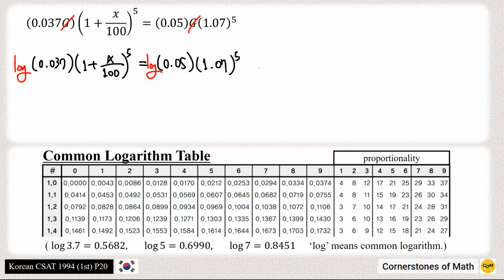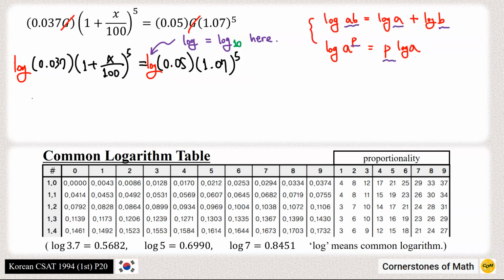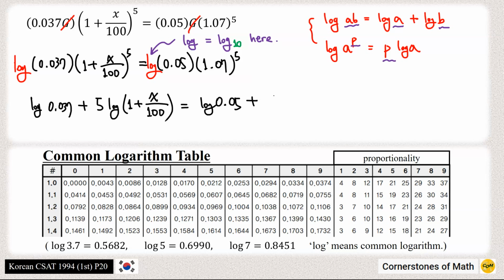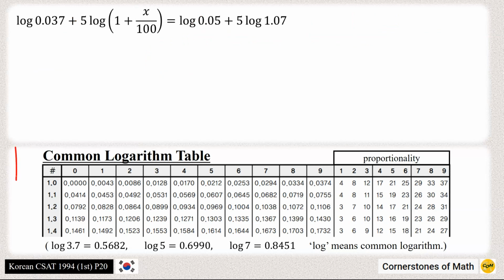And now we take logarithm on both sides, and actually let us take a common logarithm, the log with base 10. Then, by these properties of log, we have log 0.037 plus 5 times log (1 plus X over 100) equals log 0.05 plus 5 times log 1.07. Now look what we have here.